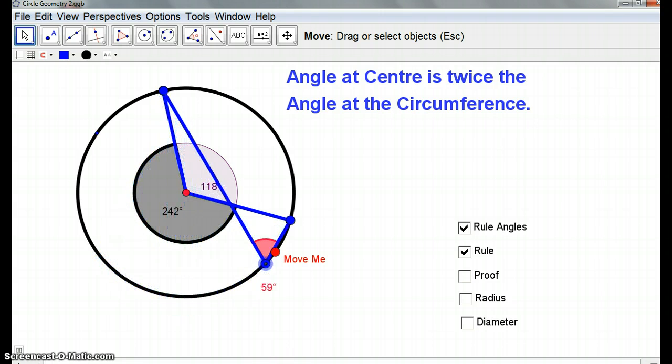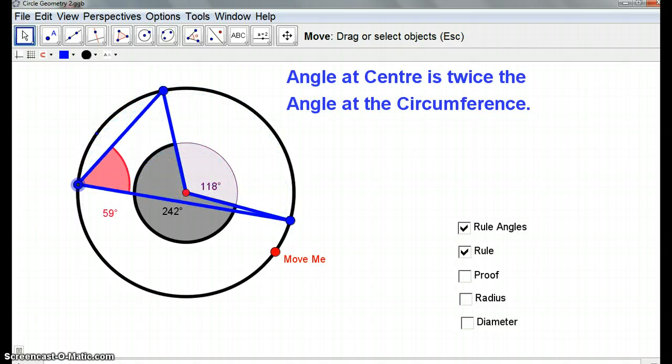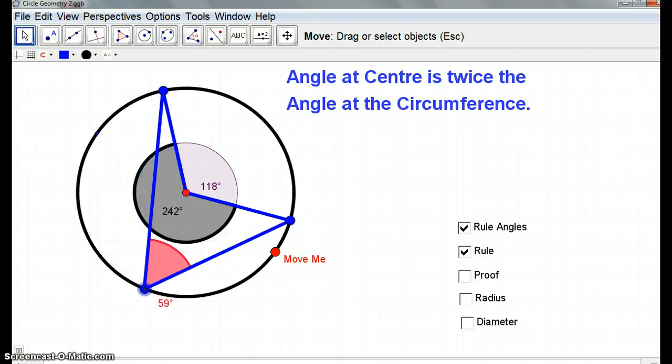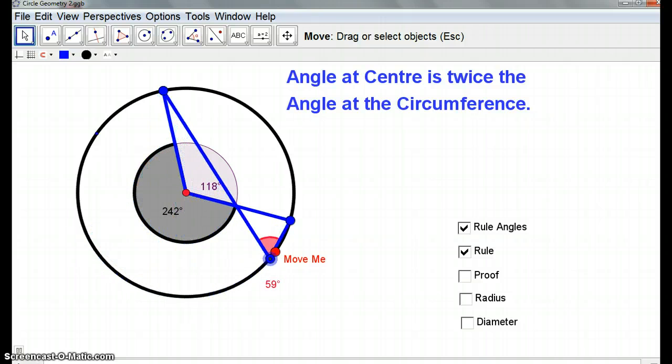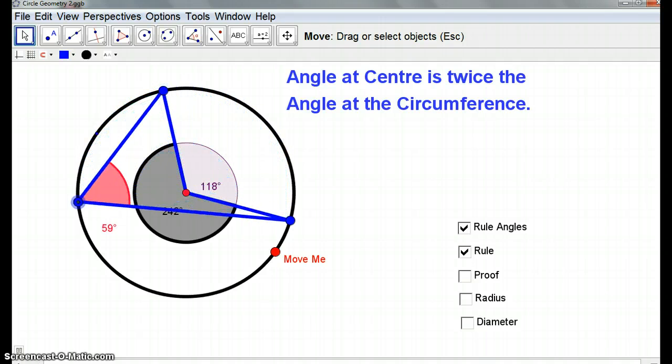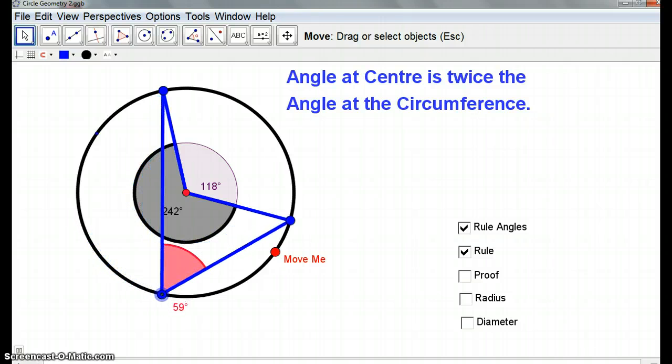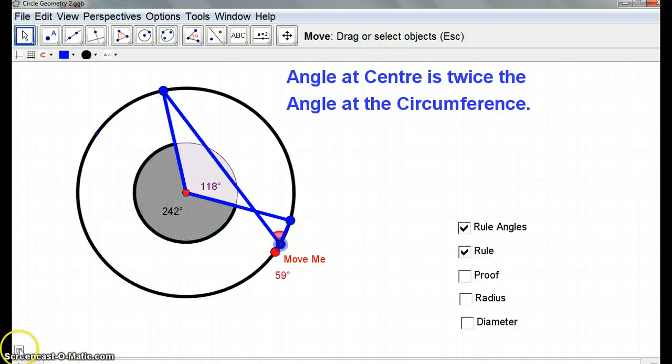So look at that, 59. Now it's 121. Now it's 59. Now it's 121. So I want you to get that. Is it like half of the other side?